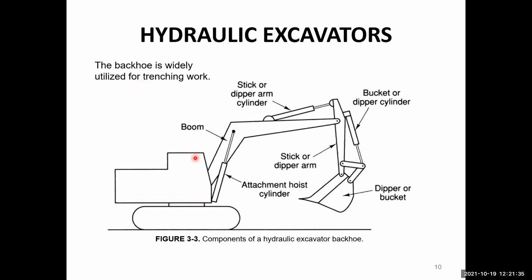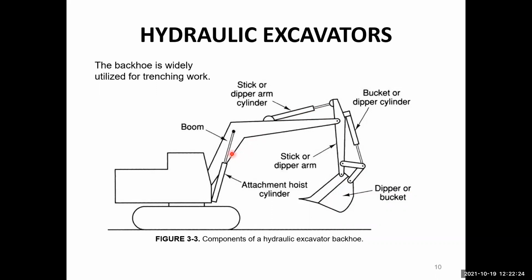So we have the boom here, and then this is the stick or dipper arm cylinder. Over on the front end, there is the stick or dipper arm as well, and the bucket or dipper cylinder over here. You can see that different dipper cylinders provide different types of motion. If we want to rotate this bucket around this axis, then this dipper arm will be moved.